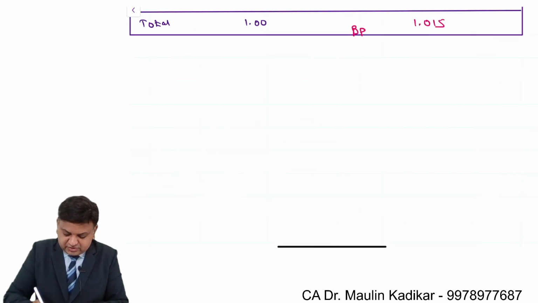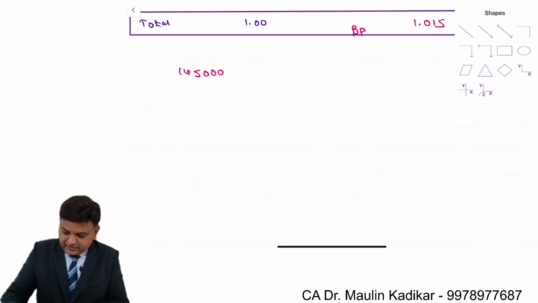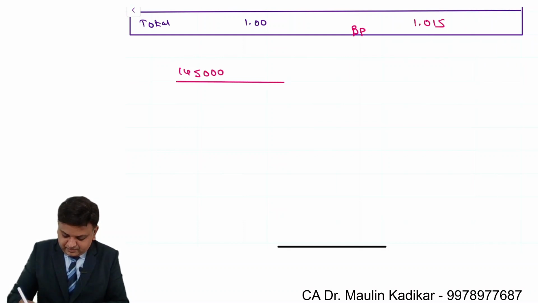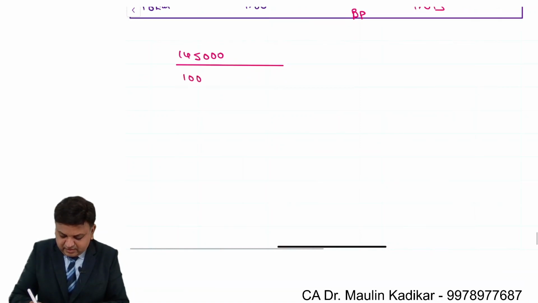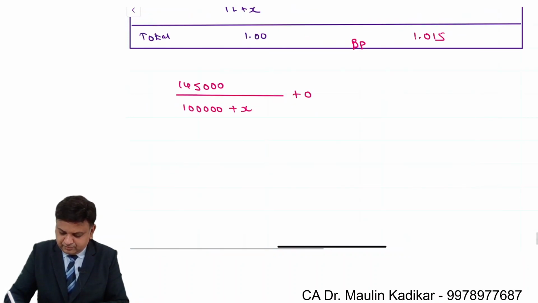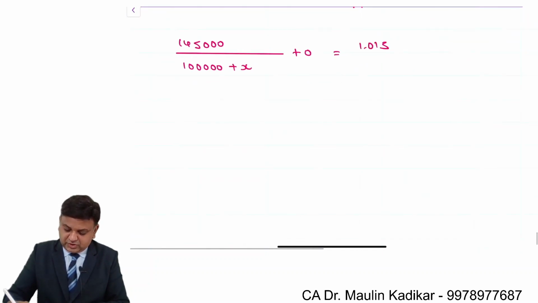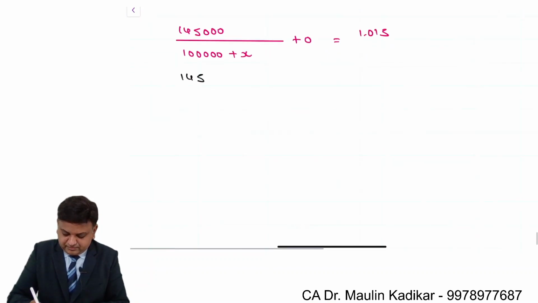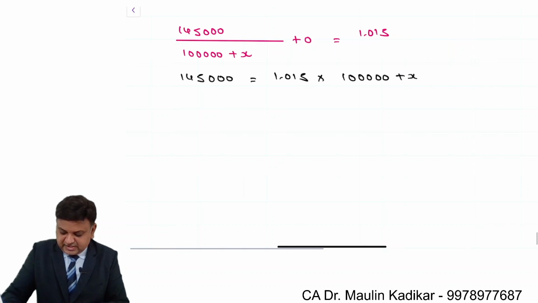So it will be, dear students, 1,45,000 divided by 1 lakh plus X plus 0 is equal to 1.015. So now 1,45,000 is equal to 1.015 into 1 lakh plus X.